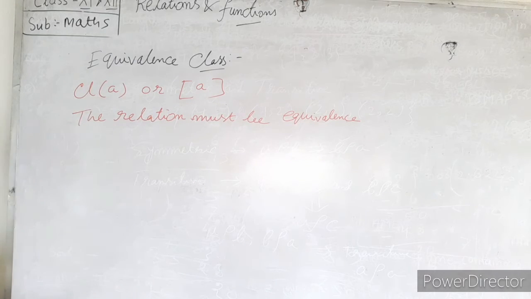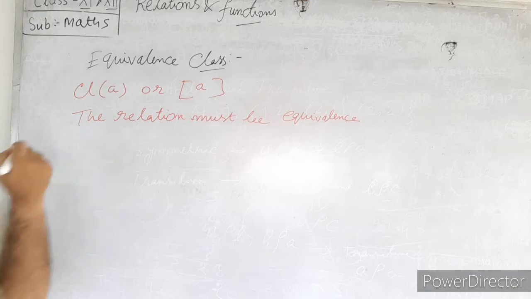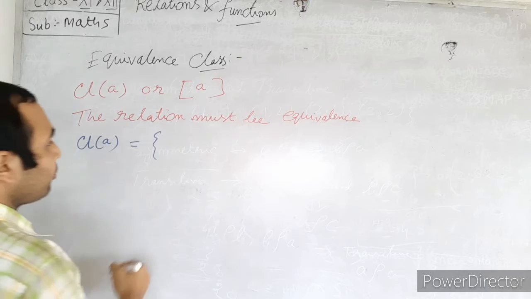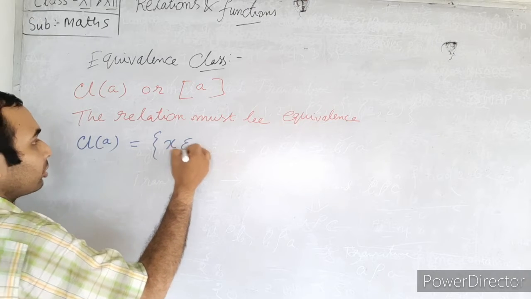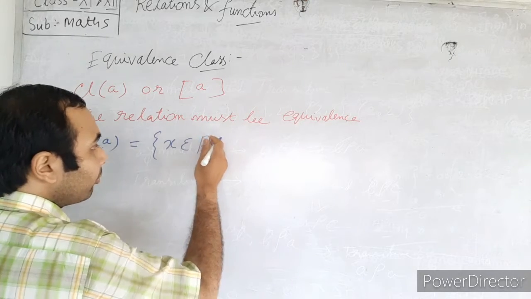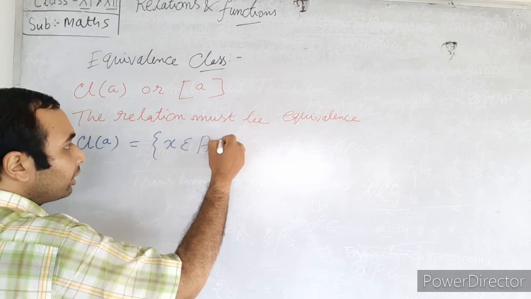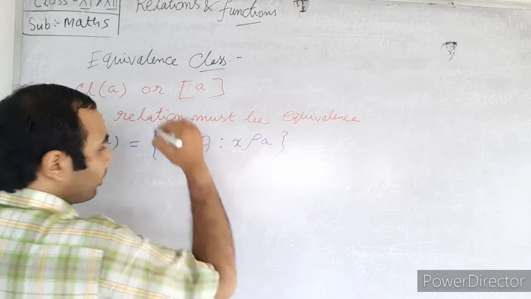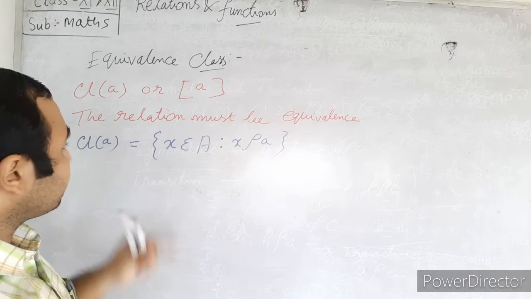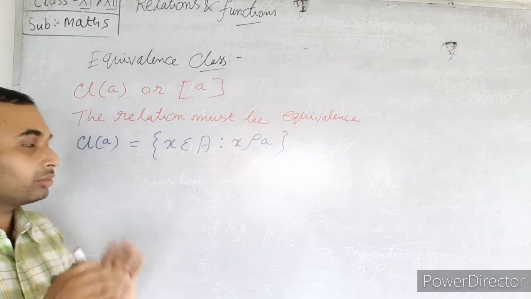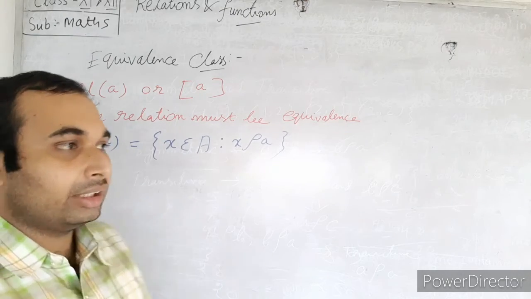Now, what is the definition of the equivalence class? Class of A equals {X belongs to A such that X rho A}. A is the mother set, as I have told you. We are making the relation such that X rho A. This is a simple definition actually, no big things are there.